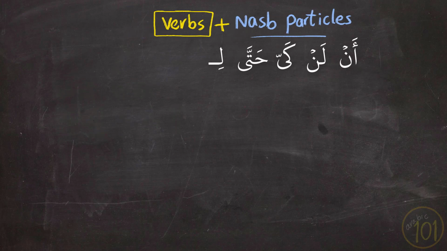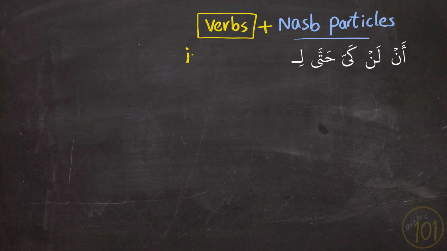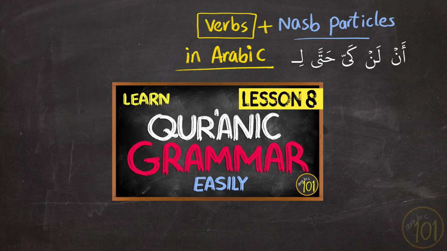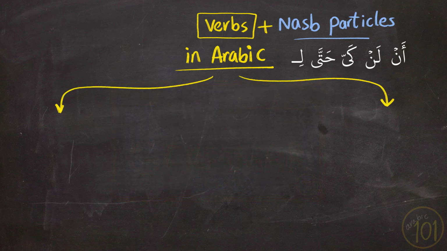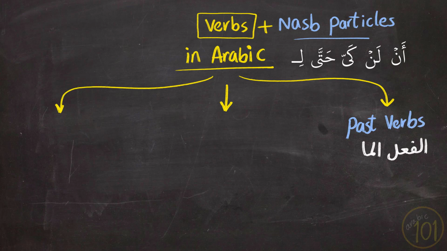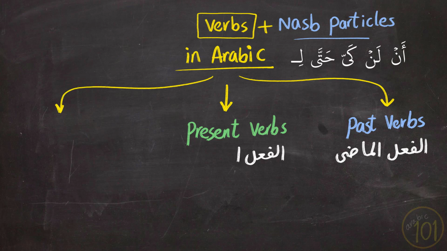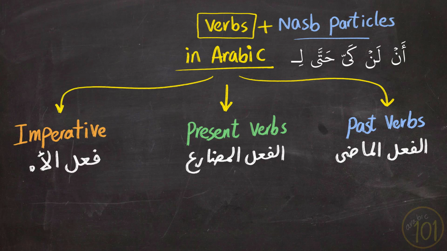Let's first remember what kinds of verbs there are to know which one we'll be using it with. As we've learned, there are three types of Arabic verbs: past verbs or al-fi'l al-madi, present verbs or al-fi'l al-mudari', and the imperative form or fi'l al-amr.